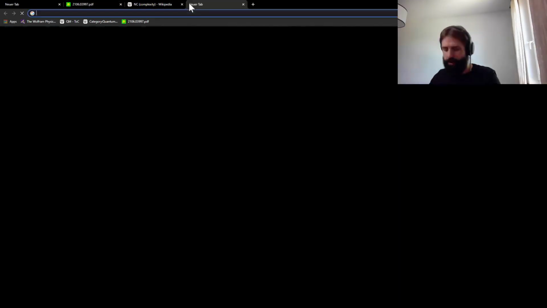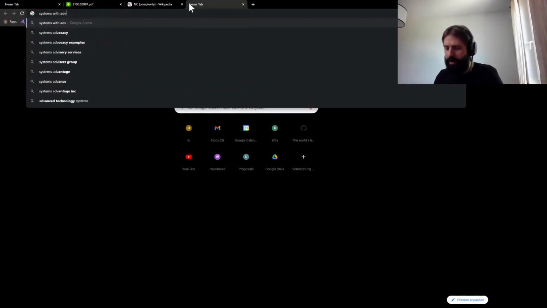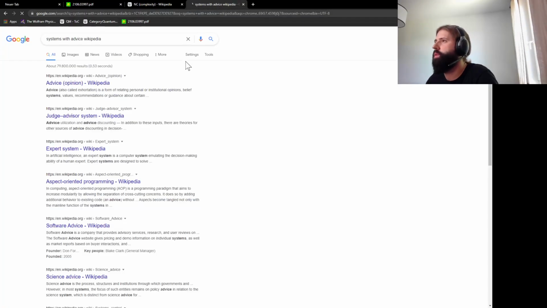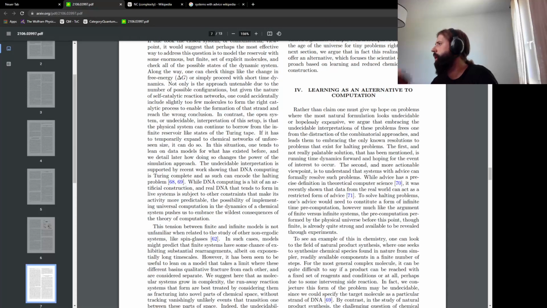So that was indeed systems with advice, because this was mentioned in the previous section. But it doesn't seem to pop up anyhow. It was recently shown that data from the real world can act as a restricted form of advice.